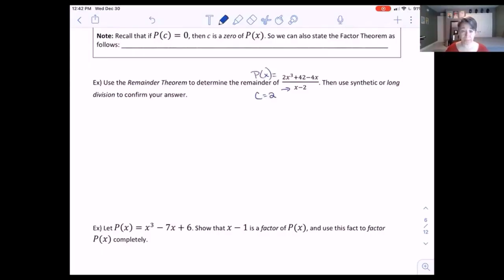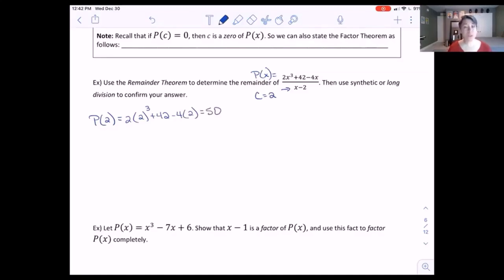So let's plug 2 into that top polynomial. We will get 2 times 2 cubed plus 42 minus 4 times 2, and if you simplify all of that, we would get 50.